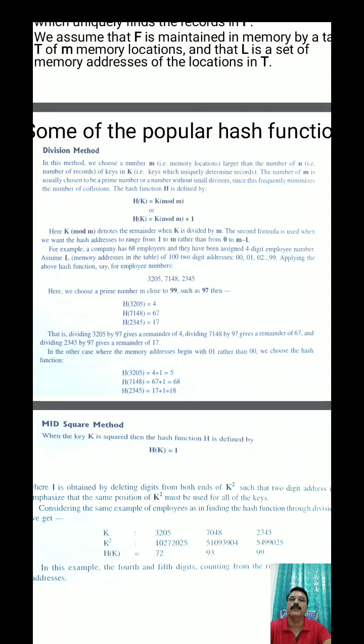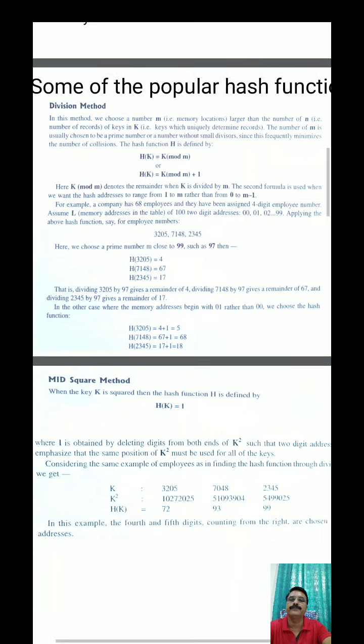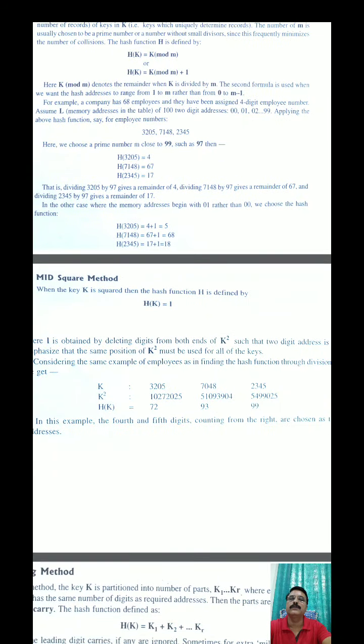That is, dividing 3205 by 97 gives a remainder of 4, dividing 7148 by 97 gives a remainder of 67, and dividing 2345 by 97 gives a remainder of 17. In the other case, where the memory addresses begin with 1 rather than 00, we choose the hash function h of 3205 equal to 4 plus 1, that is 5. Likewise, h of 7148 equal to 67 plus 1, that is 68, and h of 2345 equal to 17 plus 1, that is 18.